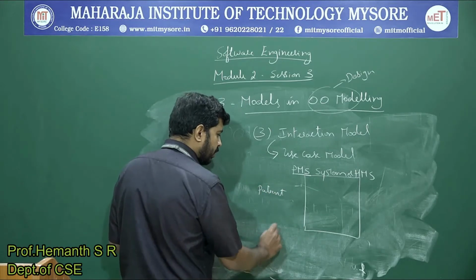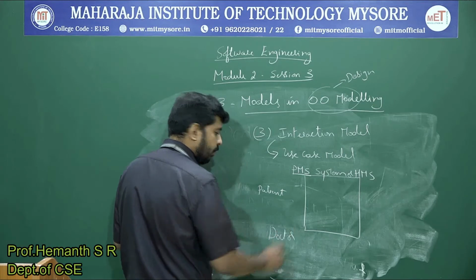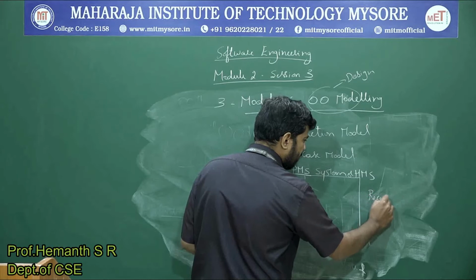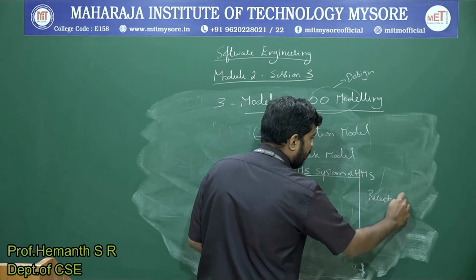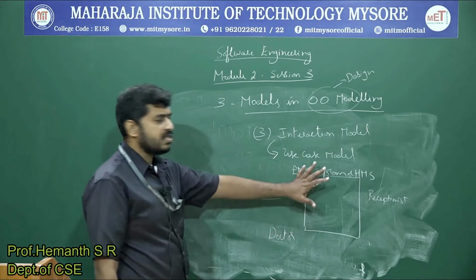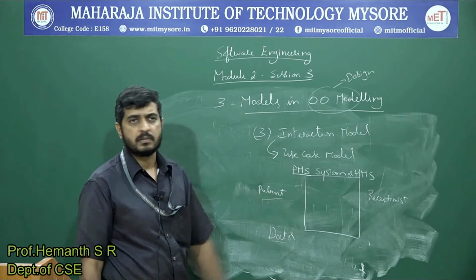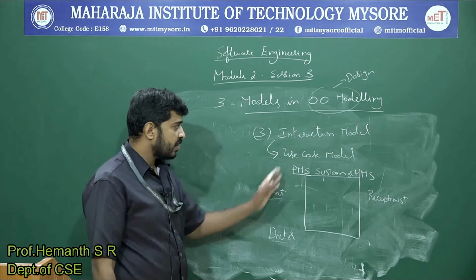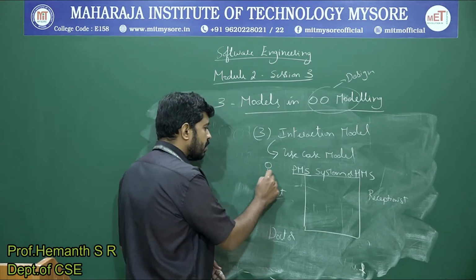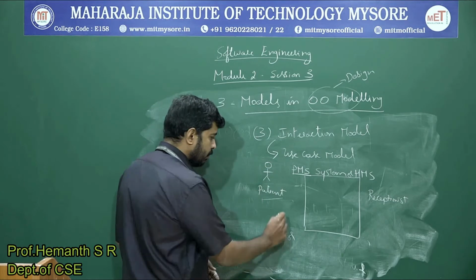It may be a doctor. Okay. It may be a manager, receptionist. So these are the different entities who are interacting with this system, the patient monitoring system. So we have a notation for this in the use case model. We use a human stick-like figure.